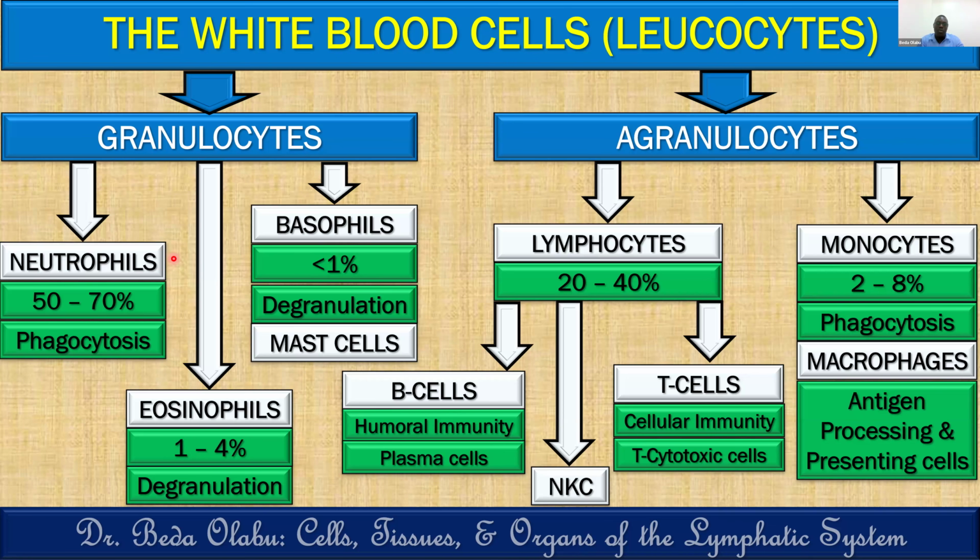Lymphocytosis is the term we use for increased lymphocyte count. Neutrophilia is what you use for the increased neutrophil count. So you can say neutrophilia, eosinophilia, basophilia, and the like. But on this other side, we don't talk about lymphocytopenia, we talk about lymphocytosis.